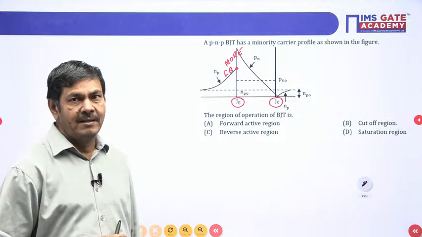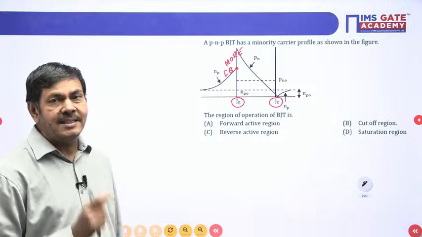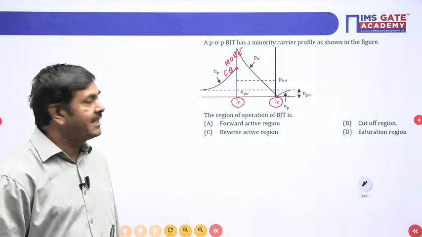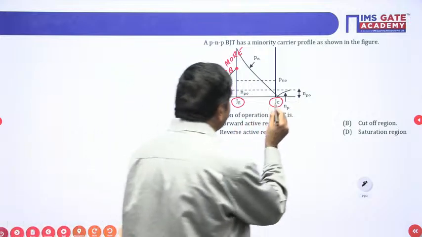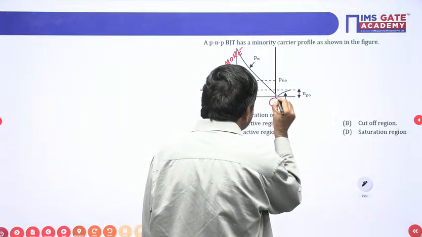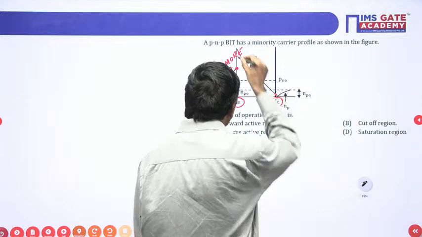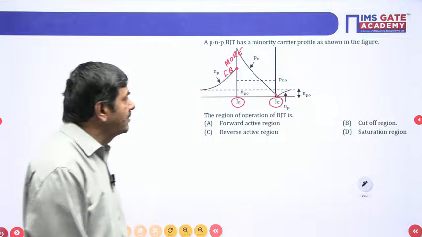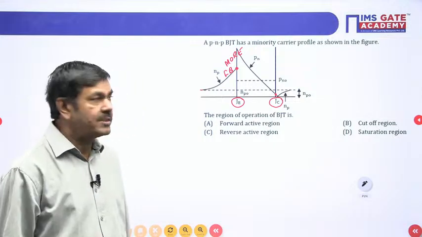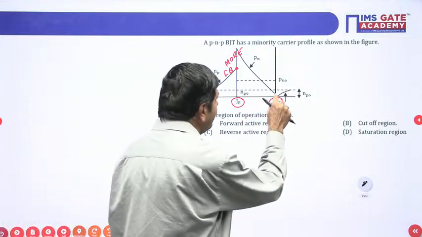You should watch how the minority carrier profile is given at the collector junction. At the collector junction we find very less concentration; slowly it decreases and reaches the 0 level, very close to the junction.